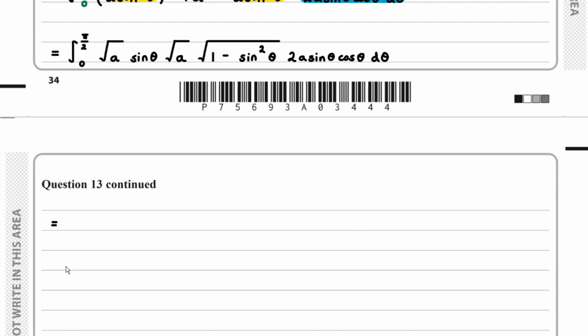So I've got the integral from 0 to pi over 2, and then I have square root a times square root a, that's just a, and then I multiply by sine theta, and I multiply this by the square root of 1 subtract sine squared theta, which is the same as square rooting cos squared theta, and then I multiply by 2a sine theta cos theta, and all of this is integrated with respect to theta.